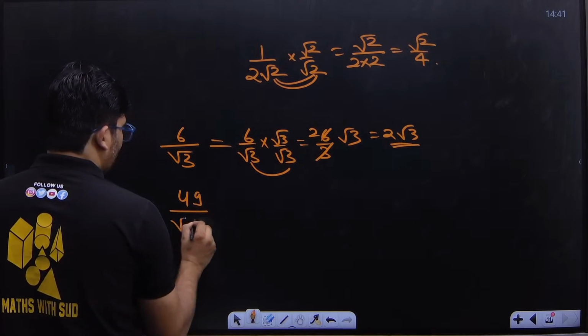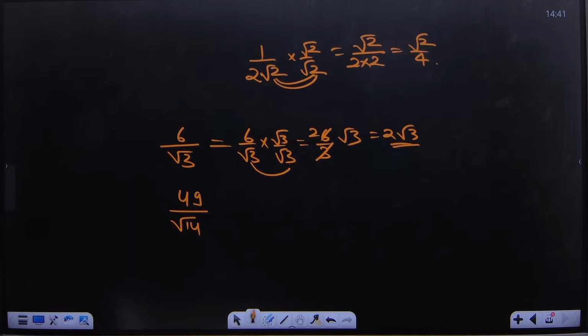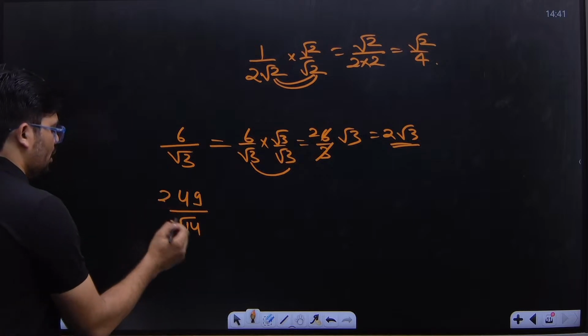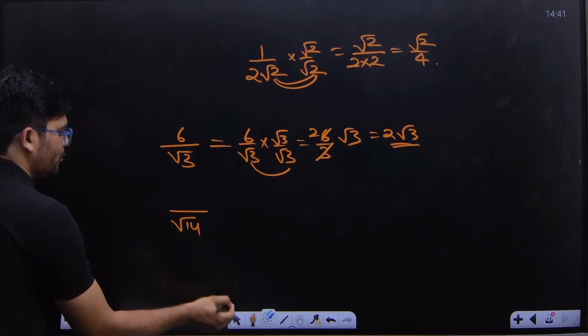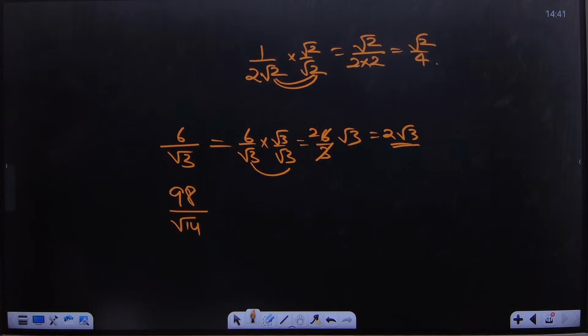49 by under root 14. Or I say 98 by under root 14. 98 by under root 14. What will be the answer?